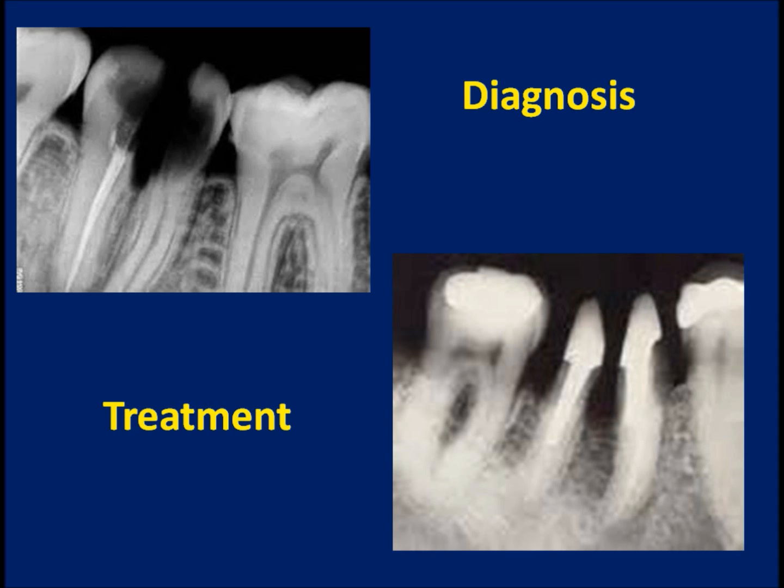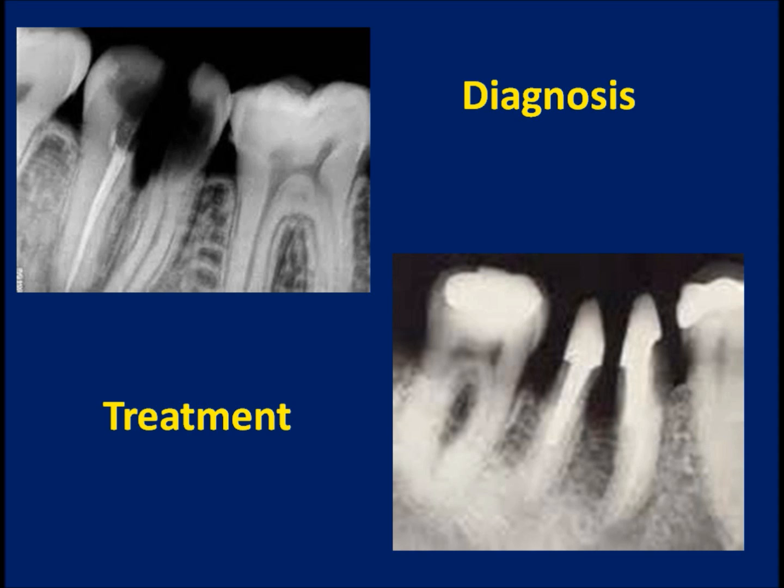Hemisection means removal of half of the tooth, such as a major root of the mandibular first molar, in severe bifurcation involvement. Separation of the mesial and distal roots is possible, and later on, crowning is done to each root separately.